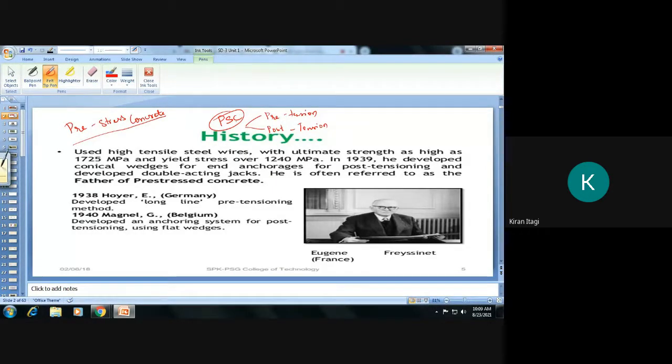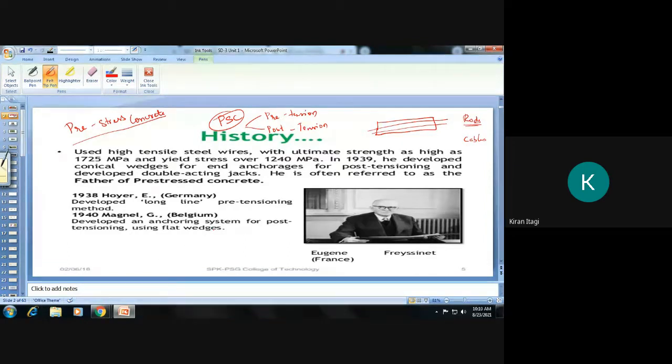And in this we have two types, that is pre-tension and post-tension. If this is your beam, and initially you are giving the tension to the cables, okay, or directly going to that one, just now I will say about the rods.